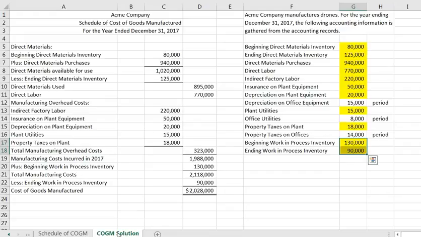The cost of goods manufactured is used to calculate cost of goods sold on the income statement.